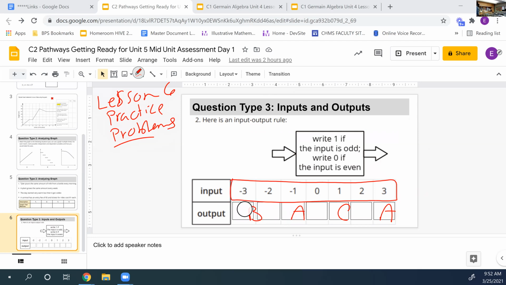You need to use this rule right here to calculate what your outputs would be. So you use each one of those inputs to calculate your output. We're going to go through this for our warm-up tomorrow, but I want everyone to get it done for homework because it's nice and simple, okay? If you guys have questions, shoot me emails.